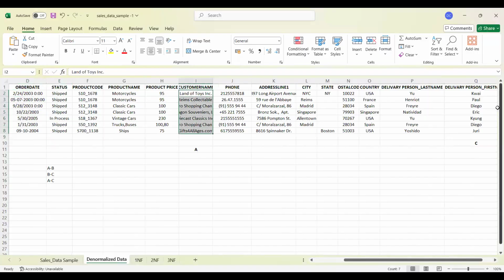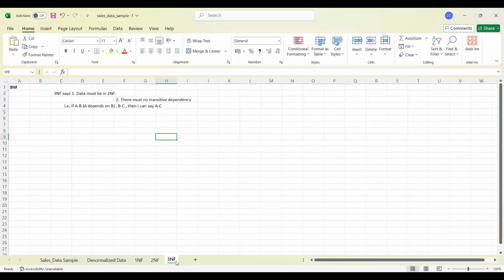I should not have A and C together like that. A, B, and C should be saved separately, in different tables. Whatever columns we are using to understand the transitive dependency, those columns we should not store in one table. That is the rule here. Okay. So there should not be transitive dependency.